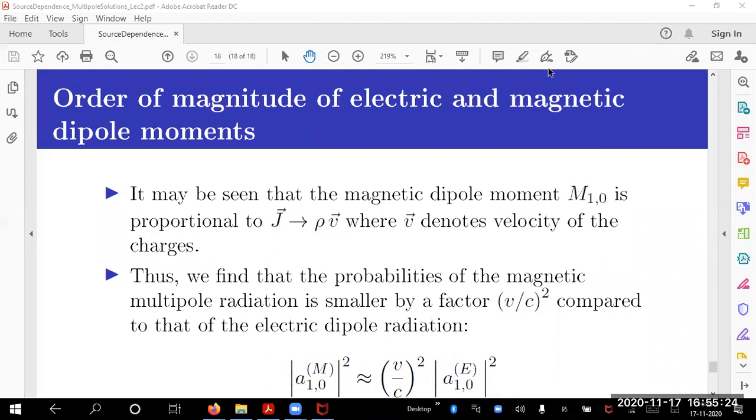Charges moving give you current. So charge density rho multiplied by V is called current density, where V denotes the velocity.